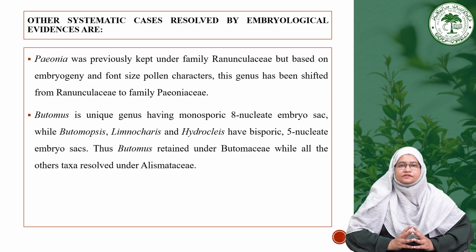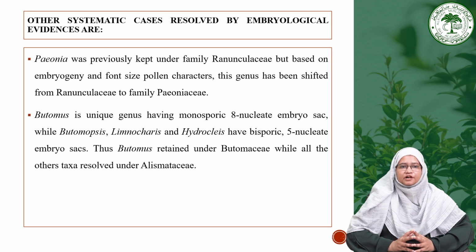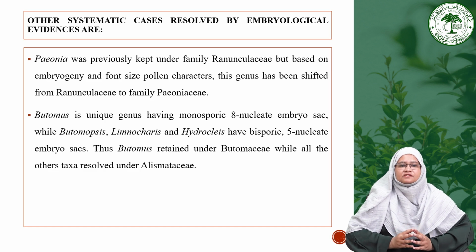Then, other systematic issues are also resolved by the embryological evidences. They are like Paeonia, which was previously kept under the Ranunculaceae, but based on the embryogeny and pollen characters, this genus has been shifted from the Ranunculaceae to the family Paeoniaceae. Then Butomus is a unique genus having monosporic 8 nucleate embryo sac, while Butomopsis, Limnocharis and Hydrocharis have bisporic 5 nucleate embryo sac.